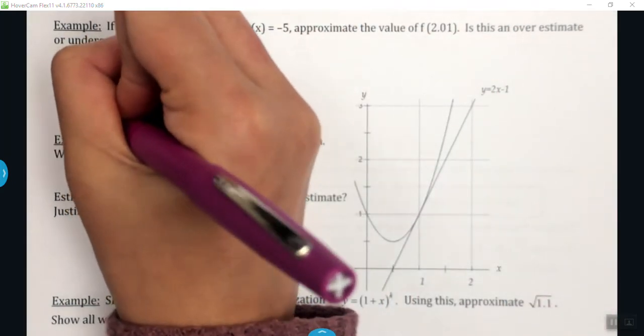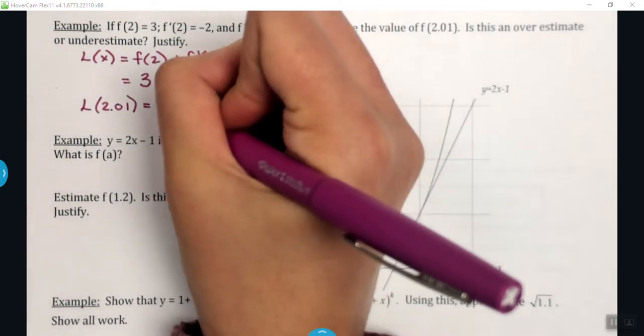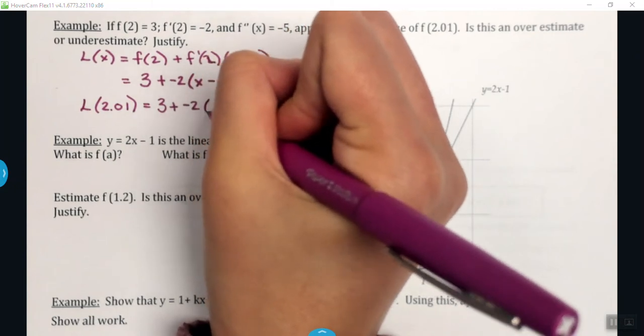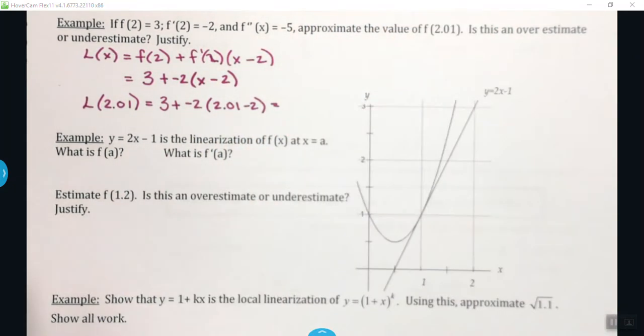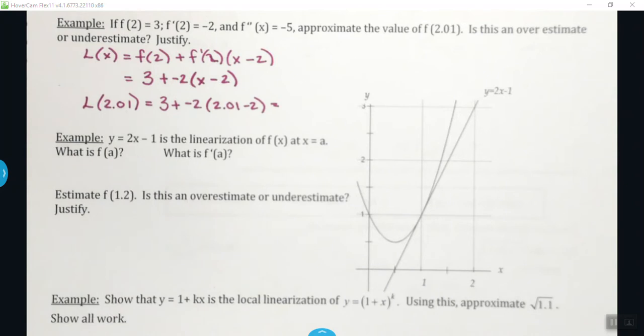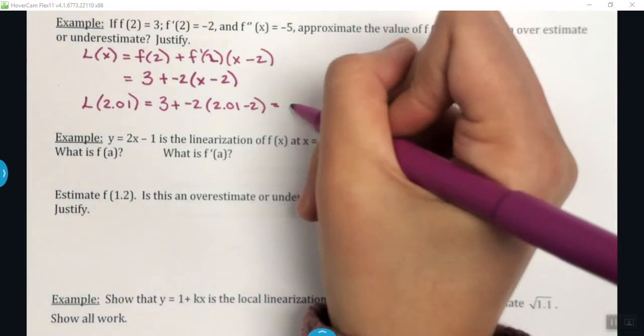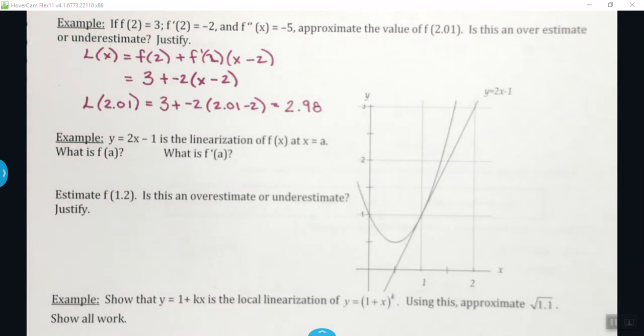So L of 2.01 equals 3 plus -2 times 2.01 minus 2, and you get 2.98. Okay. Is this an over or an underestimate?